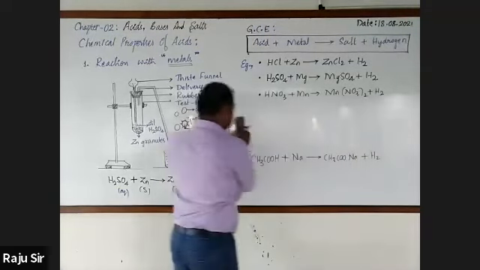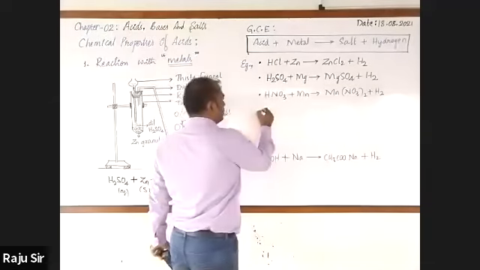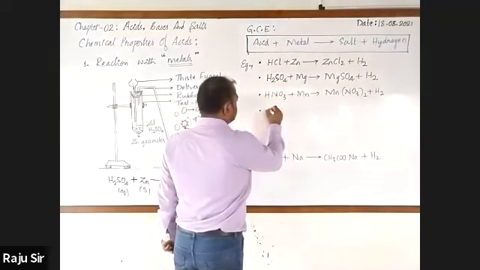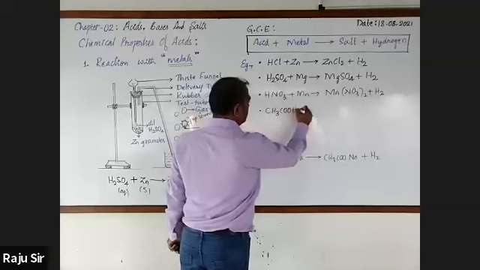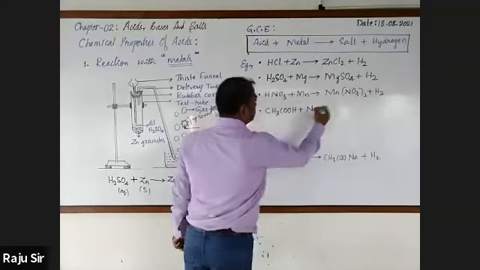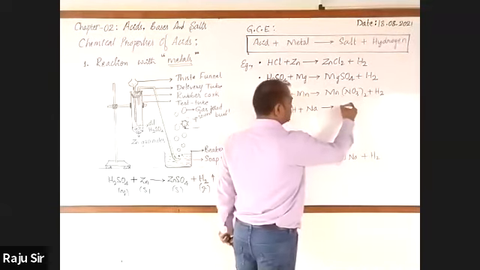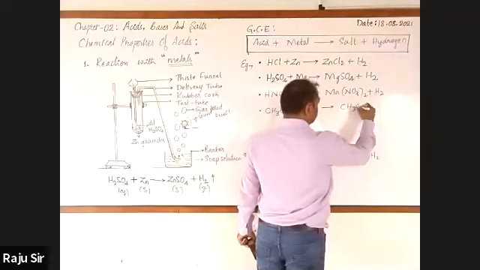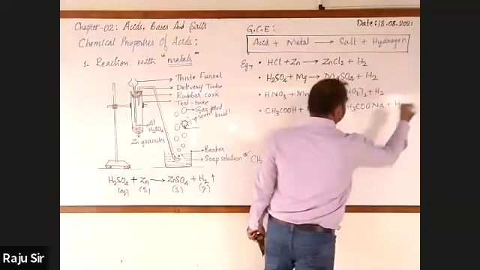Similarly, another important one. Acetic acid, CH3COOH, reacts with a reactive metal called sodium to produce the salt called sodium acetate, CH3COONa, plus hydrogen gas is liberated.